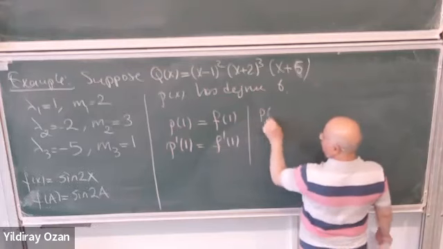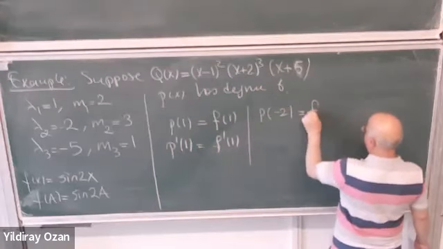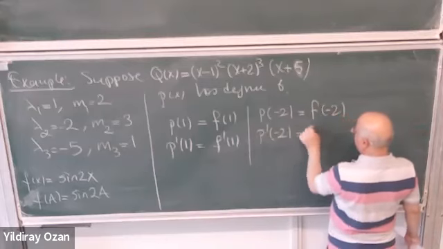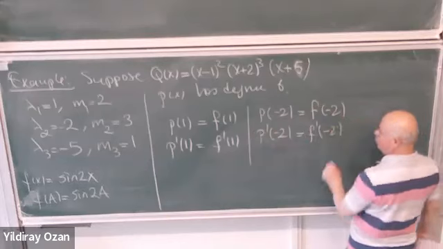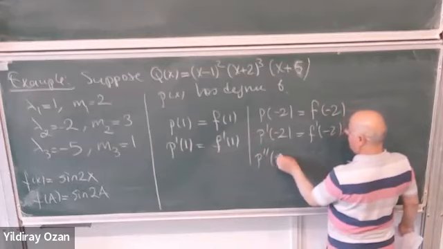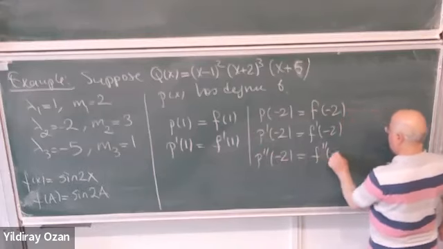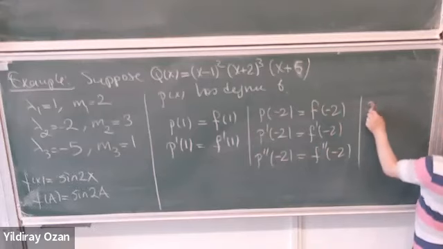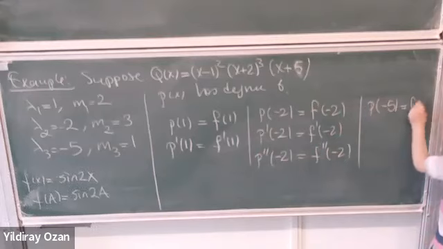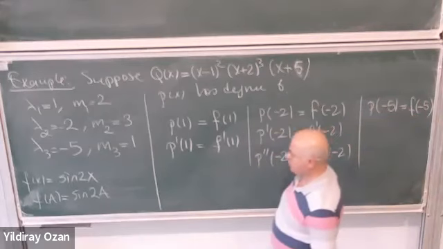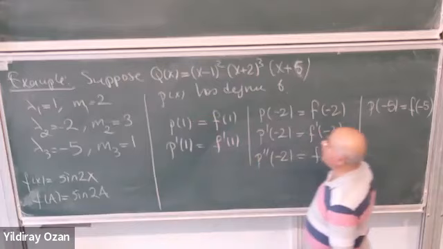And then P of minus 2 is f of minus 2. P prime of minus 2 is f prime of minus 2. And then I have the second derivative. And here, P of minus 5 is just f of minus 5. We can compute these numbers from this function.